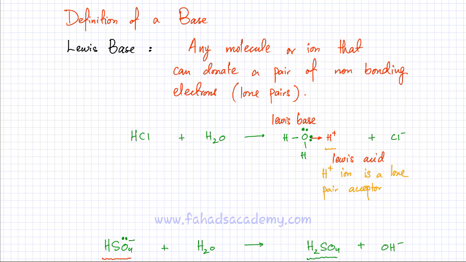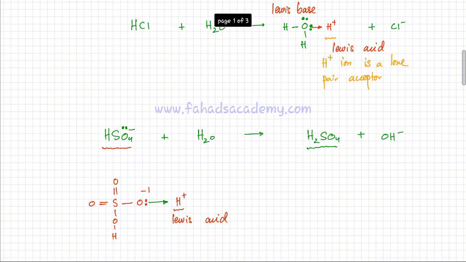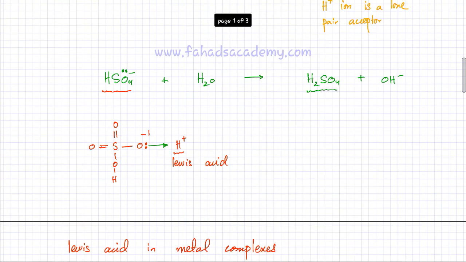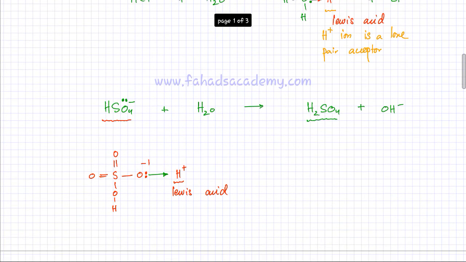Similarly, let's move to the next reaction, where you had HSO4- reacting with H2O and producing H2SO4 and OH-. And I told you that HSO4- had this structure where one of the oxygens had a negative charge. It had a lone pair of electrons, and H+ ions coming from water were basically getting attracted to those lone pairs.